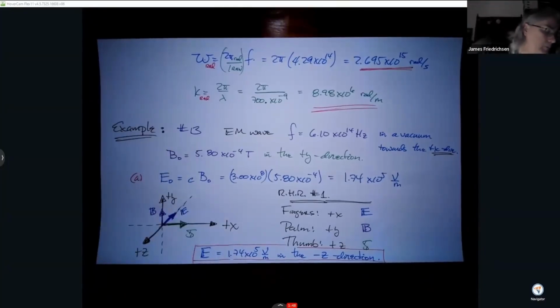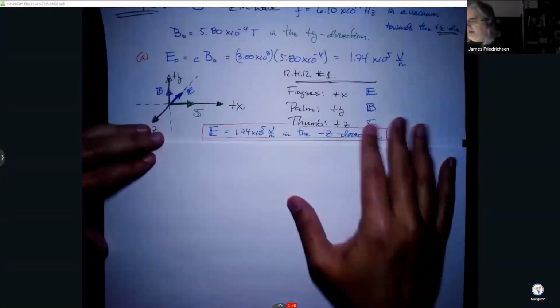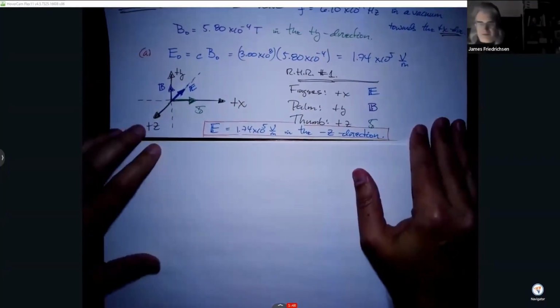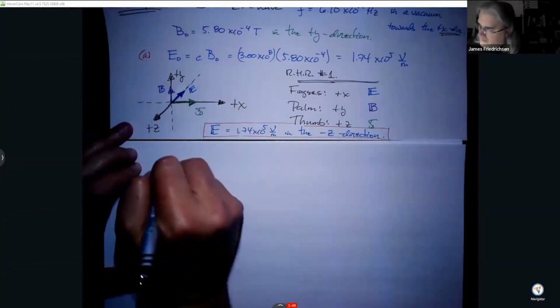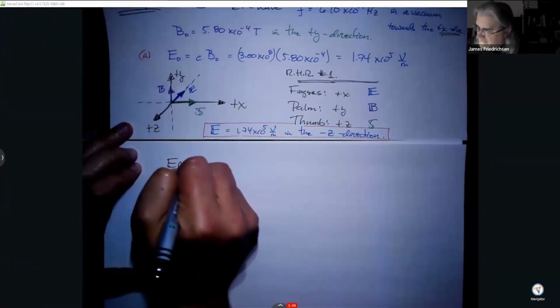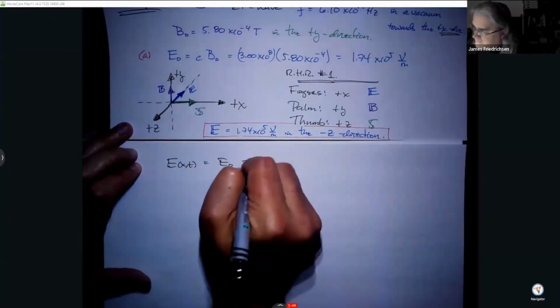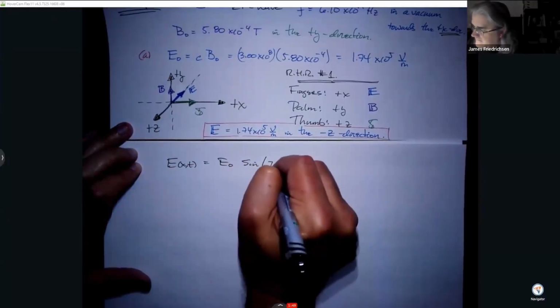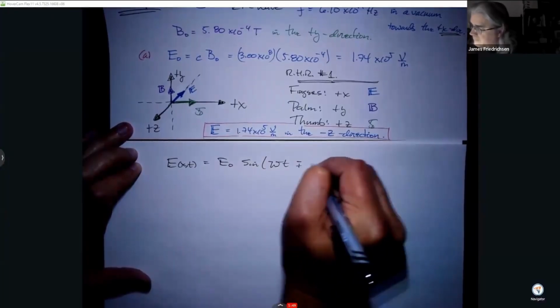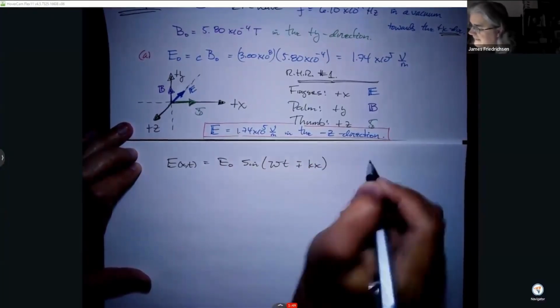And then part B, write down the functions for the electric and magnetic fields in that form. And so the form that we found for our electric and magnetic fields was that my E as a function of position and time was the peak value times sine of omega t plus or minus kx.